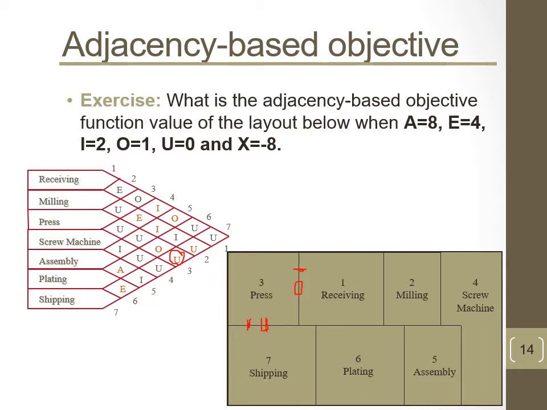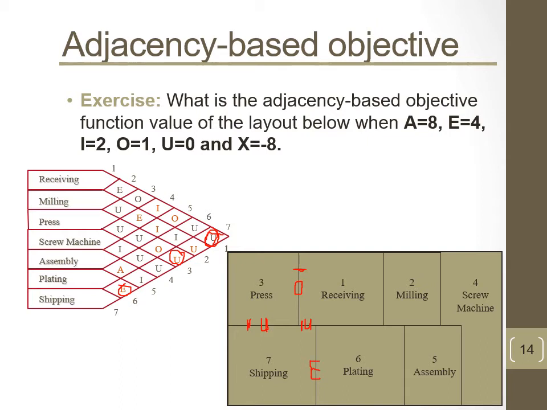Okay, now look here. Department 1 and 7 share a common border here, which means that these two departments are adjacent as well, and 1 and 7 have a U relationship as given here, so we can write a U here. Department 6 and 7 share a border and their relationship is here, which is E, so we can write E here.